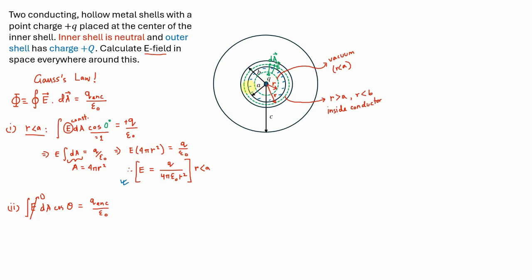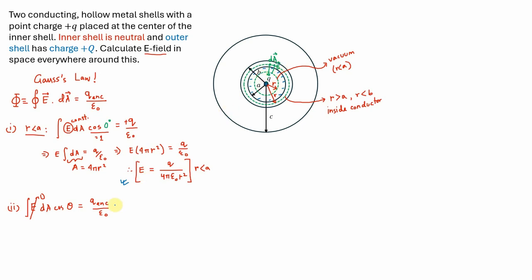So the surface near the inner wall of the conductor will become negative. So how much negative do you think it's going to be? Well, of course, it's going to be exactly minus little q because only the amount of electrons needed that is equal to the positive charge q at the center will come close to the positive charge q. So the total charge of that inner wall is then exactly negative of whatever the magnitude of the point charge is.